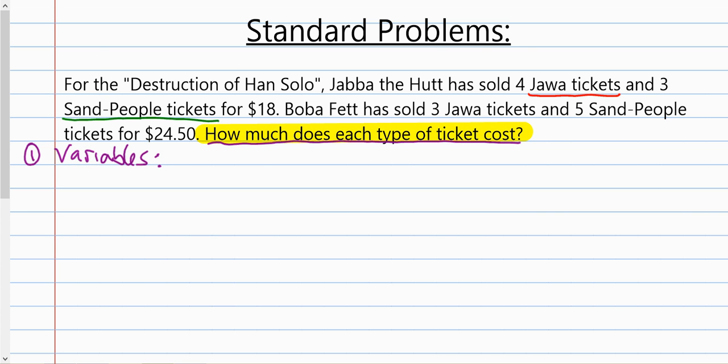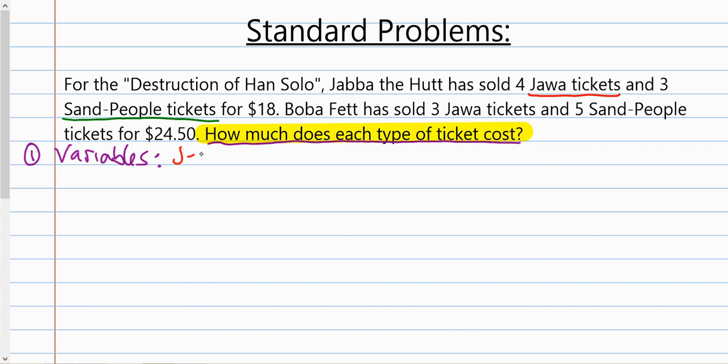So I like to pick descriptive letters for my variables. So I'm going to use red and a J for Jawa tickets, but not just a Jawa ticket. That's not what I was asked about. I was asked about the cost of a Jawa ticket.